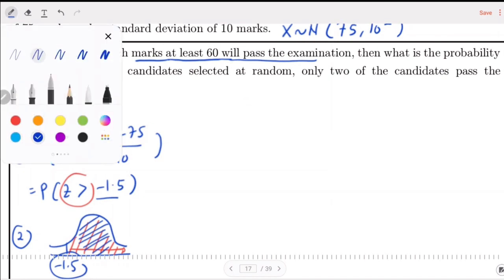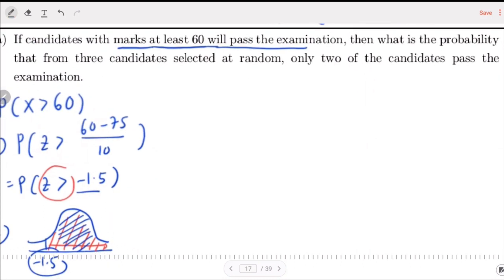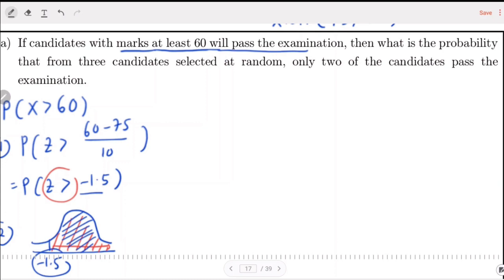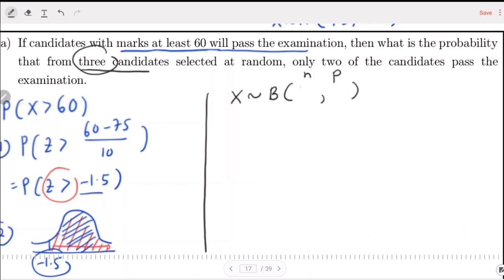And then for the second part of the question, this is actually the binomial distribution out of 3 candidates, which means X is distributed binomially with N and P. So N is 3, the total of 3 candidates, and we would like to find the probability that only 2 of the candidates pass.